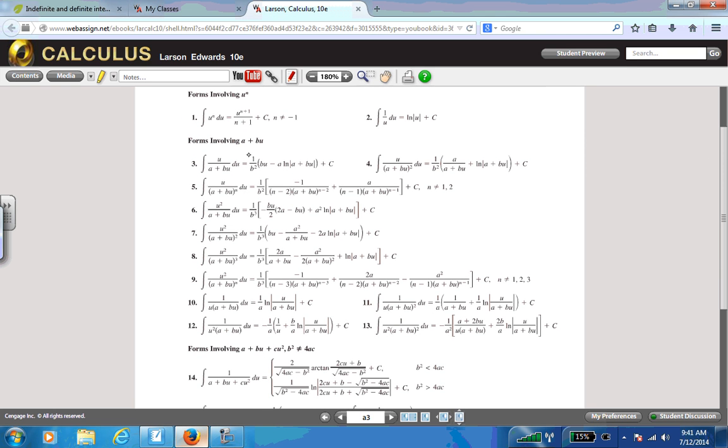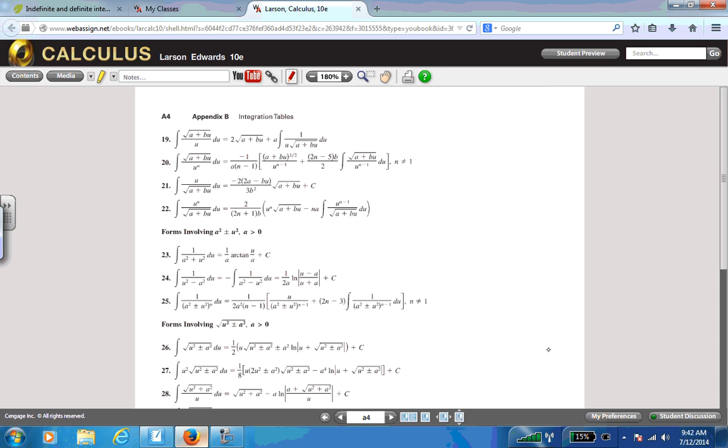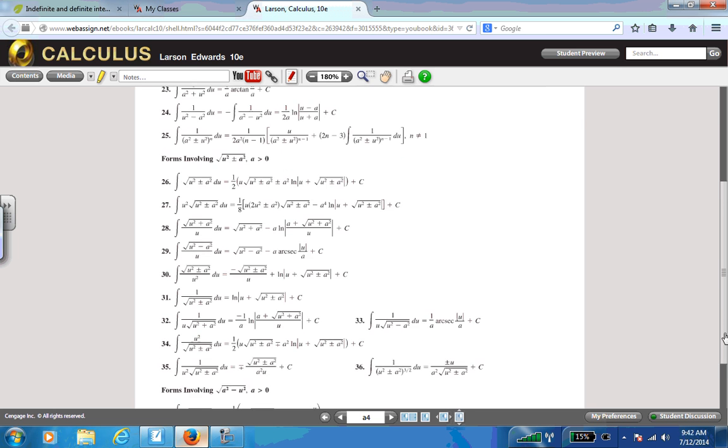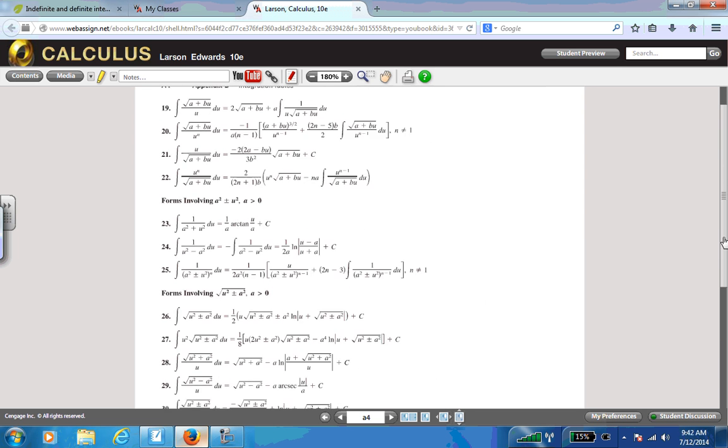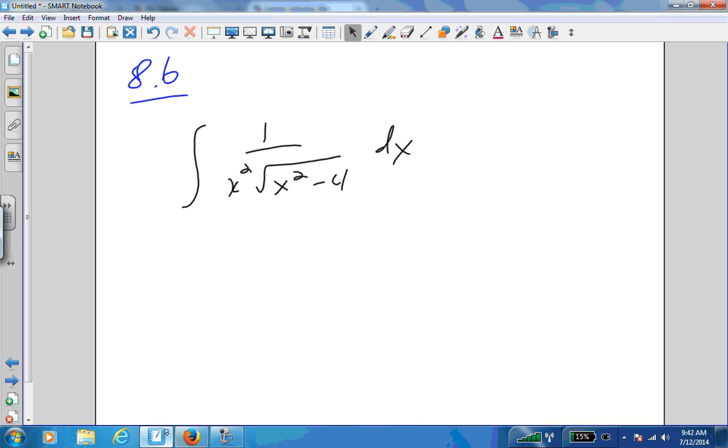We have a set that has a constant plus a variable somewhere in it. We have some that have a quadratic polynomial in them, square roots of a constant plus a variable, a squared plus u squared, square roots of those. We have some that have trig functions. We have all sorts of formulas.